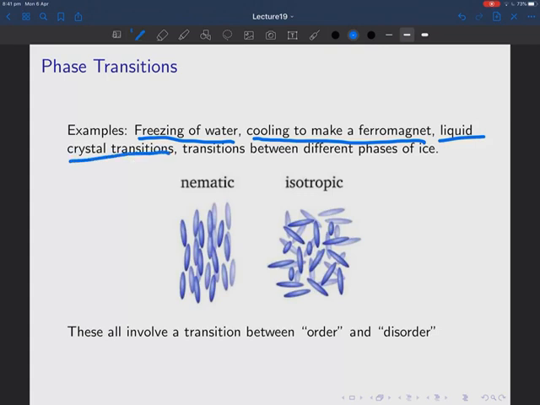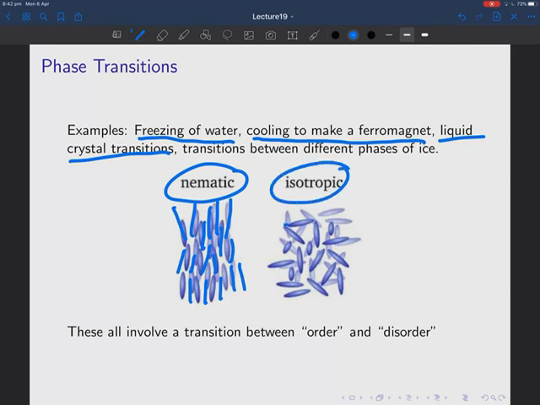Liquid crystal transitions, the transitions which are used in liquid crystal displays, maybe the one you're watching now, in fact. So, for instance, the simplest one is you have a system of rods here, the so-called nematic phase. At low temperatures, those rods will line up, and at high temperatures, they'll start to point randomly due to entropic effects, and you'll have them pointing all over the place.